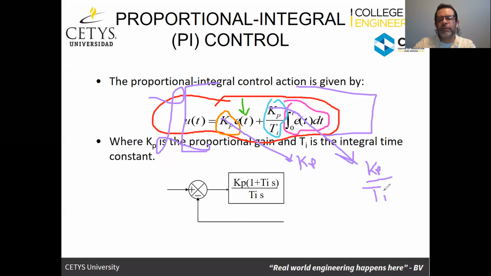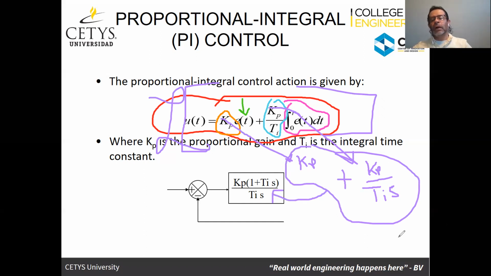which is the constant that's defined for the integral control, divided by S. So there is the S that we were looking for, that Luis mentioned. By adding the integral, we're automatically going to add an S. If we add these two and factor and do the common denominator, in the end, we get that the transfer function is this one that's here.